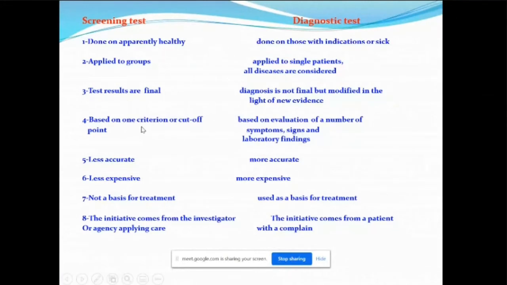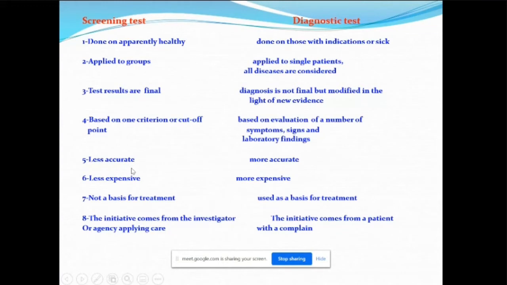For example, when we screen for hypertension, we have a cutoff point, for example 90 millimeters of mercury for diastolic blood pressure, to be considered positive for hypertension, while diagnosis results are not final, and the criteria are based on evaluation of a number of signs, symptoms, laboratory findings, and others.